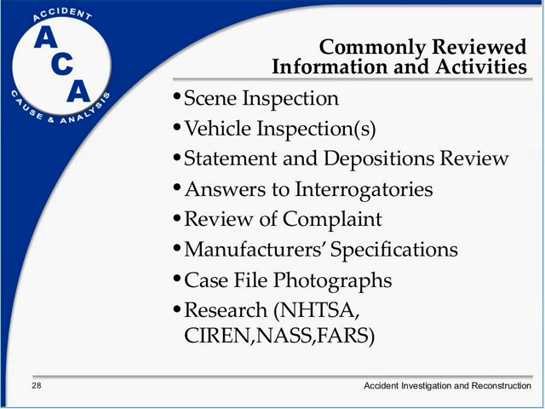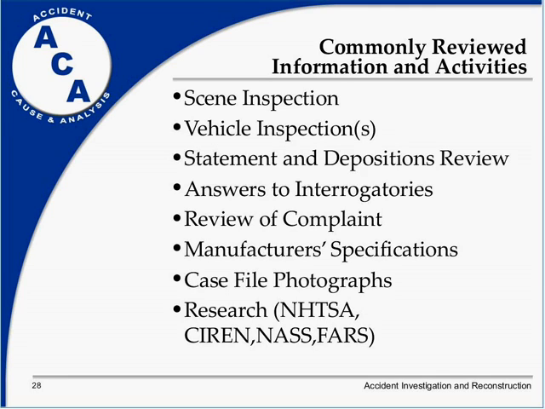A great source of research is a couple of databases sponsored by the National Highway Traffic Safety Administration. NHTSA sponsors an injury program called SIREN, and what SIREN does is correlate people's injuries to automobile collisions. NASS is a very comprehensive data collection base.